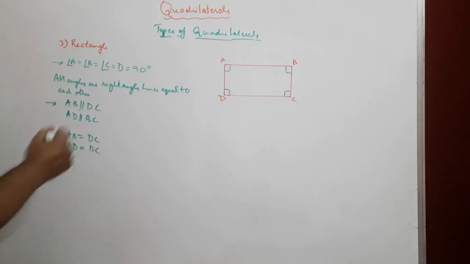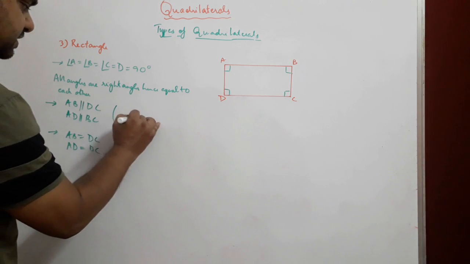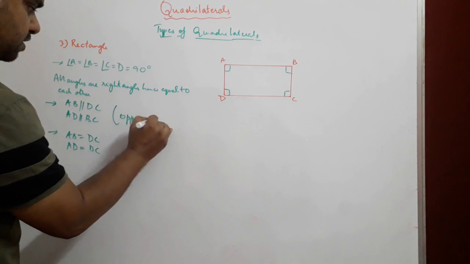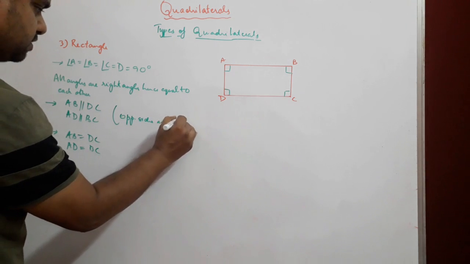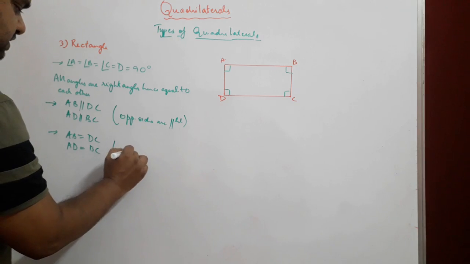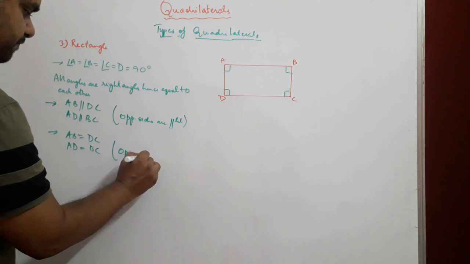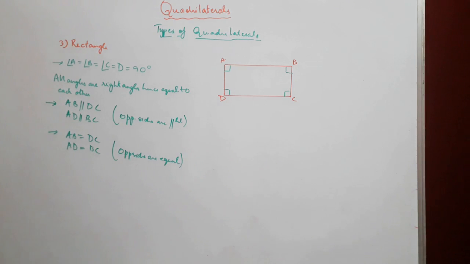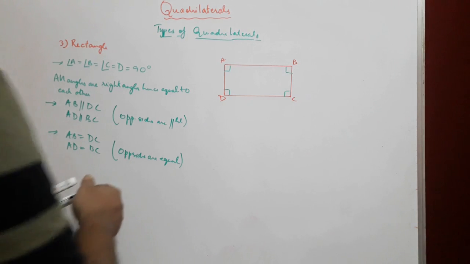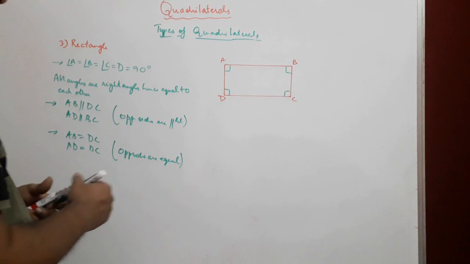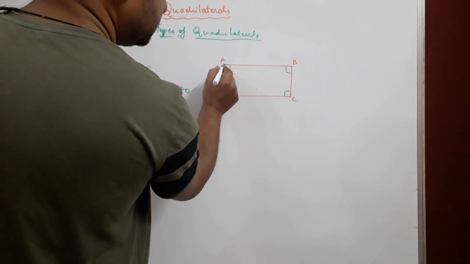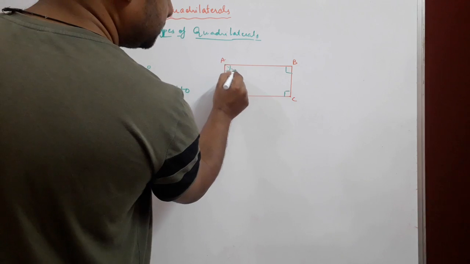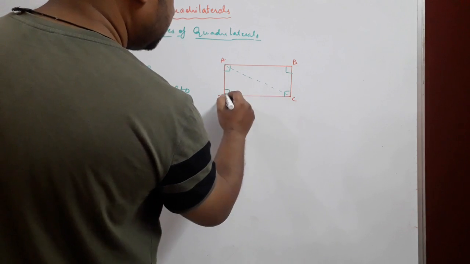So we put over here that opposite sides are parallel and opposite sides are equal in length. And similar to the parallelogram, its diagonals bisect each other.